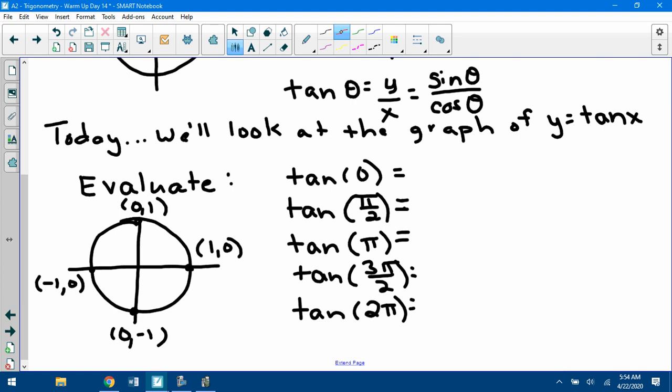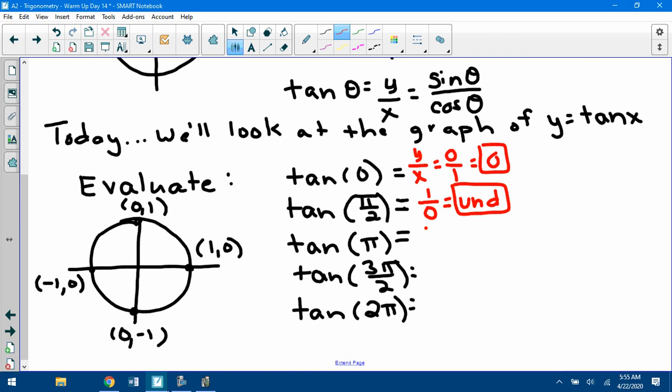Okay, so these are always y over x, right? So at 0, y is 0, x is 1, and 0 divided by 1 is 0. At pi over 2, y over x would be 1 over 0. And what happens when the 0 is on the bottom? Undefined. How about over to pi?